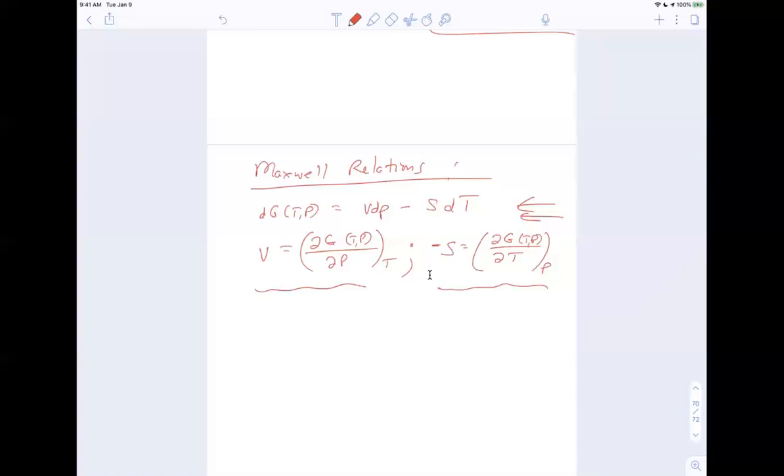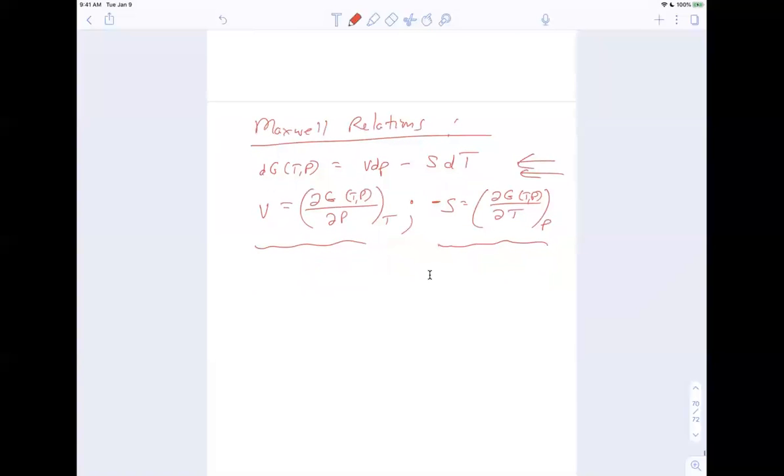So in the case of V, which is the first partial derivative of G with respect to pressure, we can now take the second partial derivative with respect to temperature, because G depends on temperature as well. So I'm going to take the partial of both sides of that expression with respect to temperature.